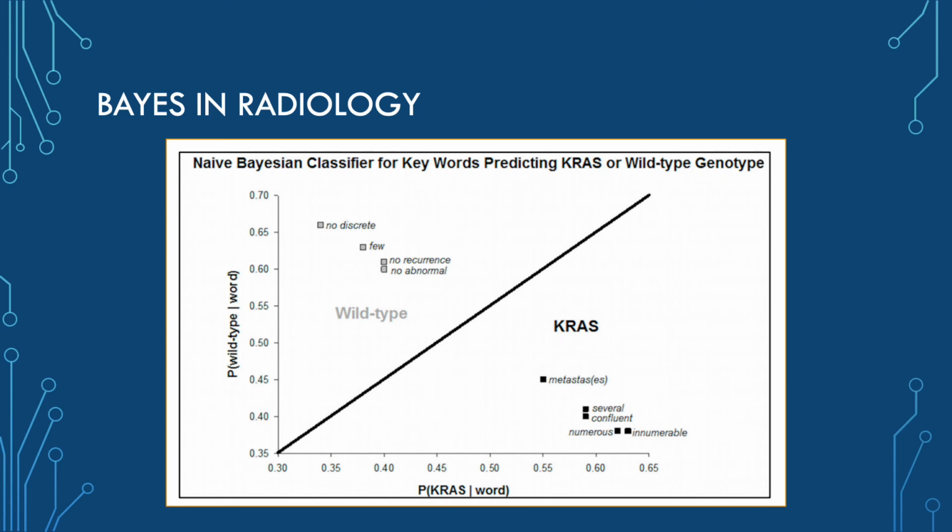Likewise, there was a lower than 3% chance that a patient with a report with all 4 words associated with the wild type was KRAS positive. Though this paper is a proof of concept, the generalized application of such can be clinically useful when linking radiographic images with genomic screening.